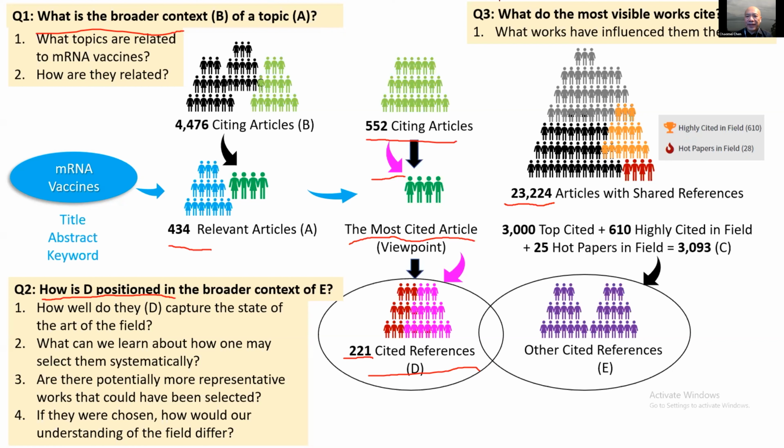And similarly, what do the most visible works cite? I mean, currently, how do the most visible works stand out? Which are the ones that appear more valuable than others based on certain metrics? So these are the considerations. We can streamline them so that we can provide all different helps, indicators, and also patterns, and put them together.